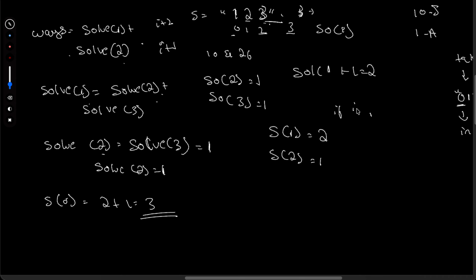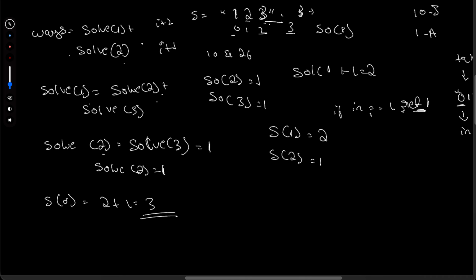If index is equal to length, that means we have to return 1, because reaching the end means one full valid decoding path is completed. Every path gives 1 and we add them all.